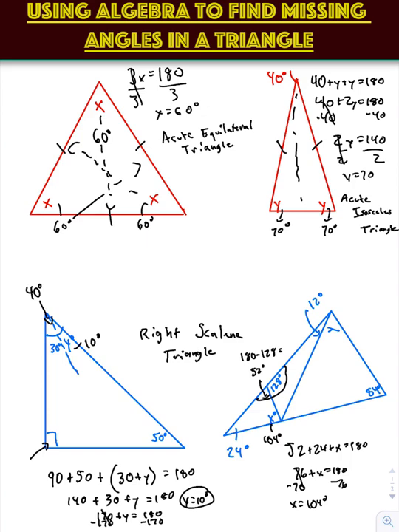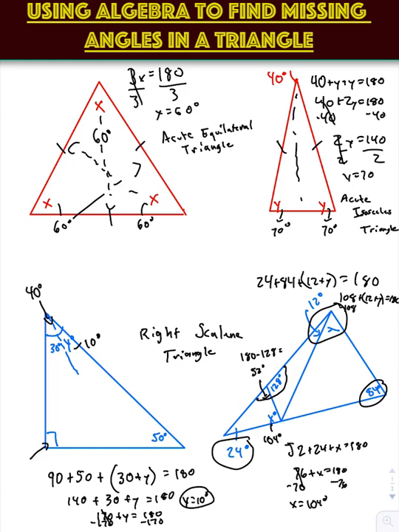The other thing I know is that when I look at my biggest triangle, I can recognize that I have 24 degrees, 84 degrees, and then this, 12 plus y. Similarly to the triangle before, I'm going to add 24, 84, and the group of 12 and y to get to 180. 24 plus 84 is 108, plus 12 plus y equals 180.